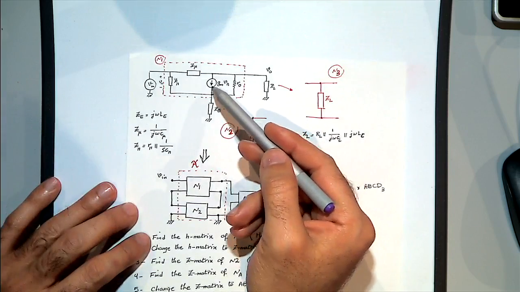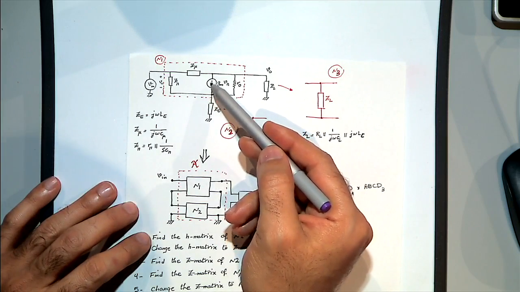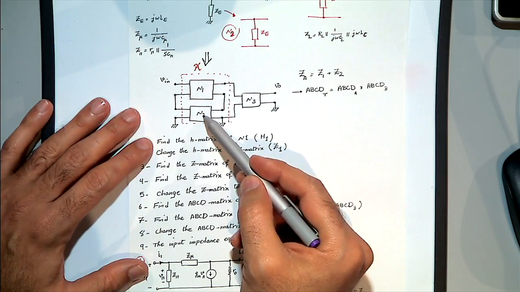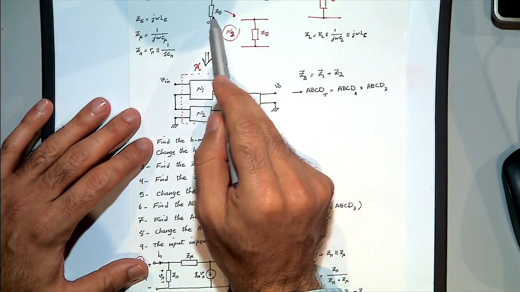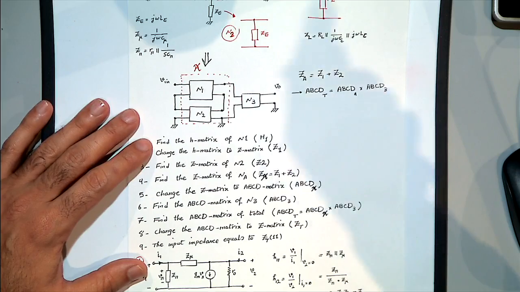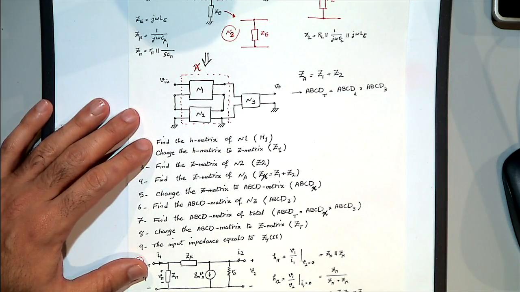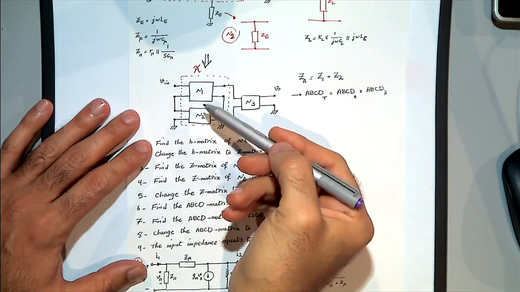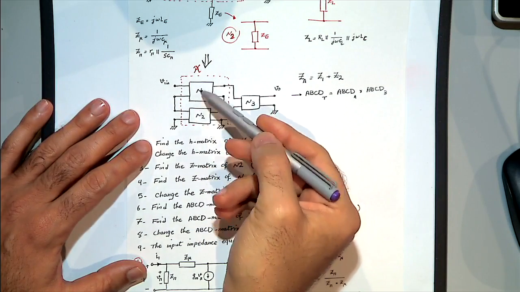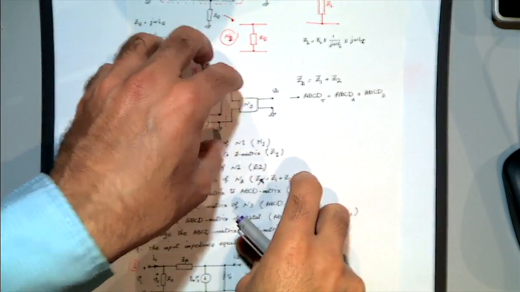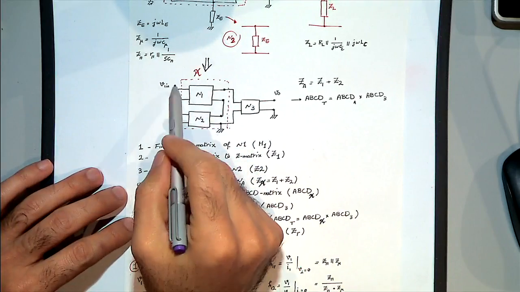So I need to change the H parameter of the first one to the Z parameter, and also calculate the Z parameter of network 2, which is a simple Z. The Z parameter of this is ZE, ZE, ZE, ZE in the matrix. Input, transfer, output, and the backward, all of them are ZE. It's simple. And then add the Z parameters of these two together, and then I have the Z parameters of this part, the whole thing, the X part.